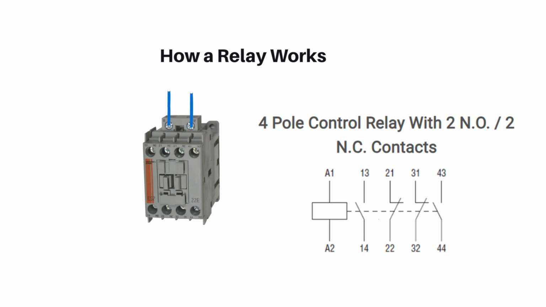With a relay like this, you put a current input through the coil at A1, and then A2 is connected to your neutral. This one has two contacts which are normally open, which means in their natural state, before we energize, they are open. That's the 2NO, and two contacts which are closed.